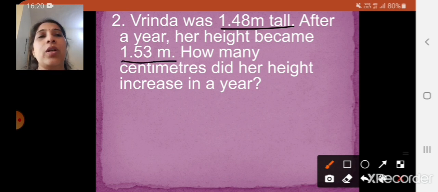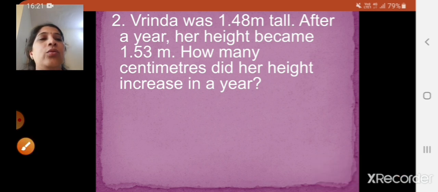Means before a year her height was 1.48 meter. Now after one year has passed, her height has become 1.53 meter. So we have to find out how much increase there is in her height in a year.